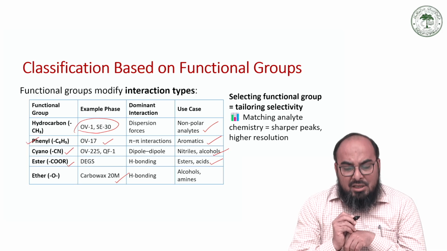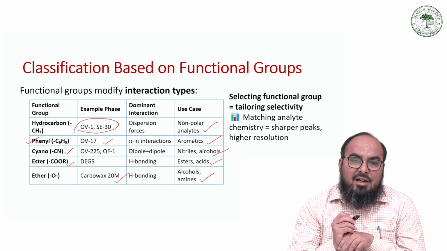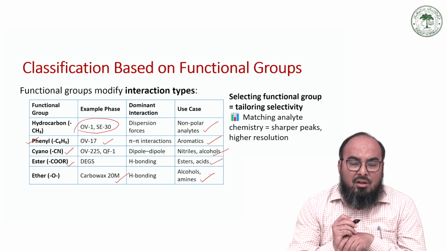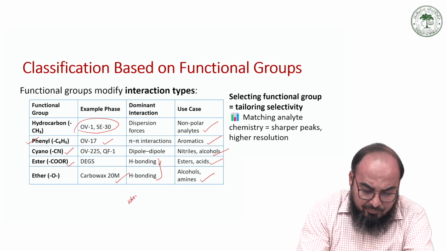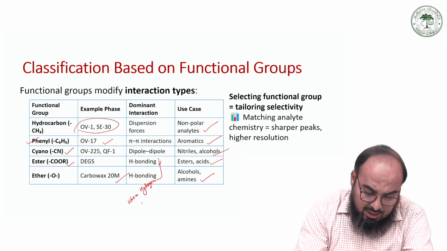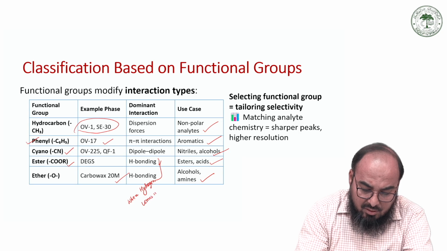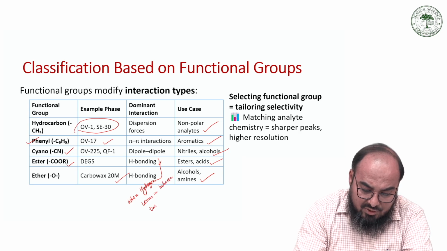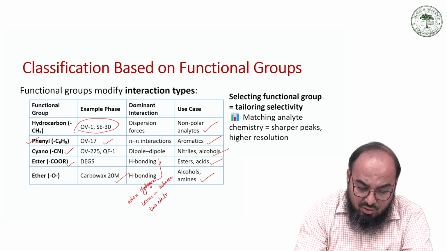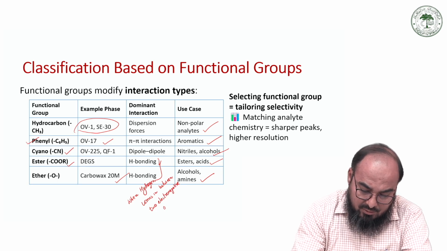So, alcohols, amines, etc., because it facilitates the formation of hydrogen bonds. So a hydrogen bond forms when hydrogen comes in between two electronegative centers, two electronegative atoms, you may also call it.